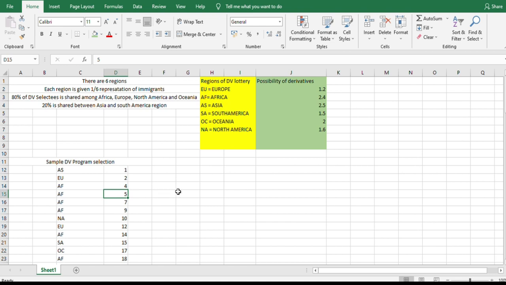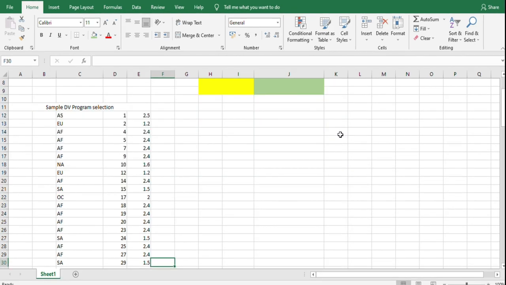So what they'll go ahead and do is multiply these selectees by the probability of having derivatives of each region. For example, now we've placed the probability of having derivatives against each region.